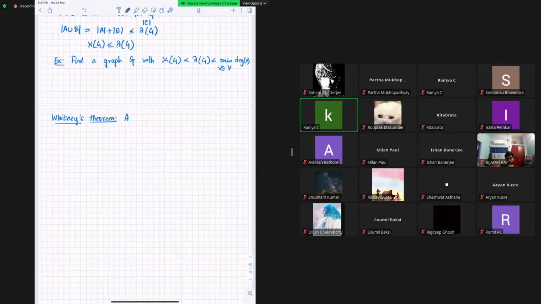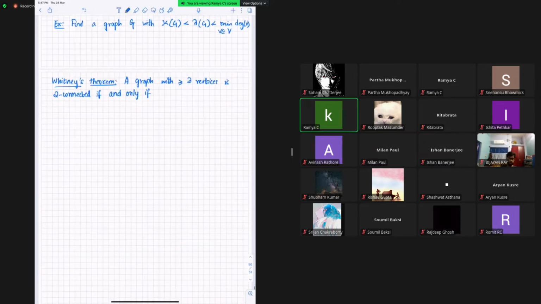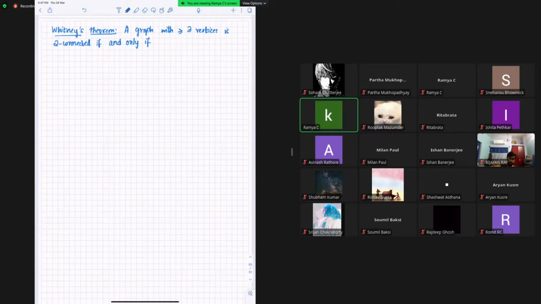So let's say a graph with at least 3 vertices is 2-connected if something is true. We have to fill that in.